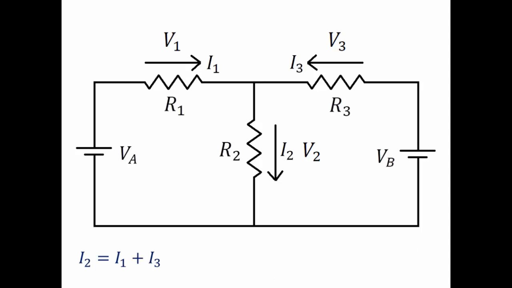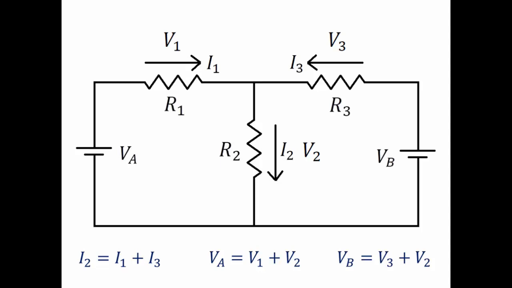So using these, here's the first one. I3 plus I1 has to be equal to I2, because the currents going into this junction have to be equal to the currents going out, right? So that's the current rule. And then the voltage rule, VA has to be equal to V1 plus V2. The 2 drops across the resistors 1 and 2 have to be equal to the rise of VA, and also VB has to be equal to V3 plus V2.